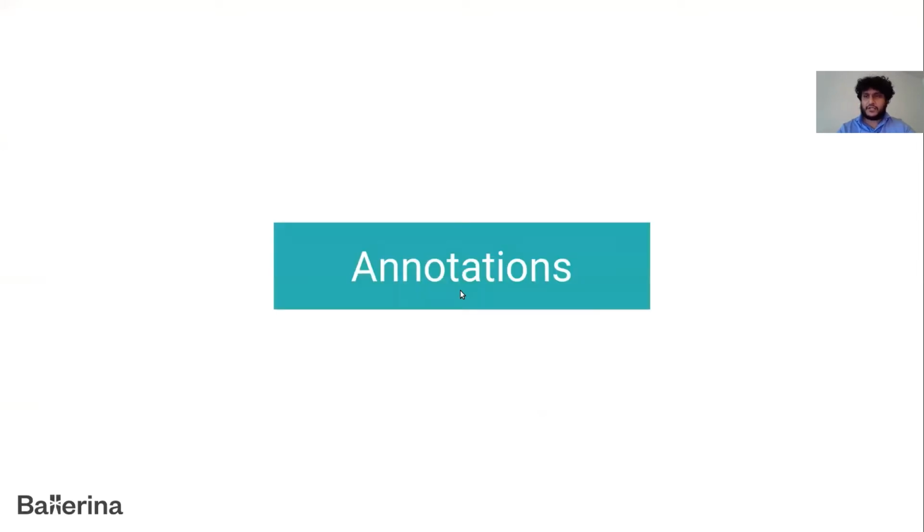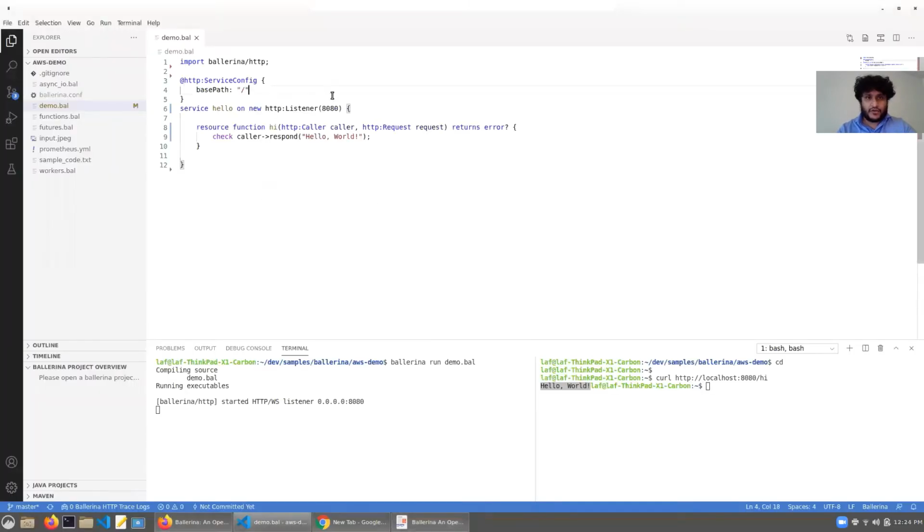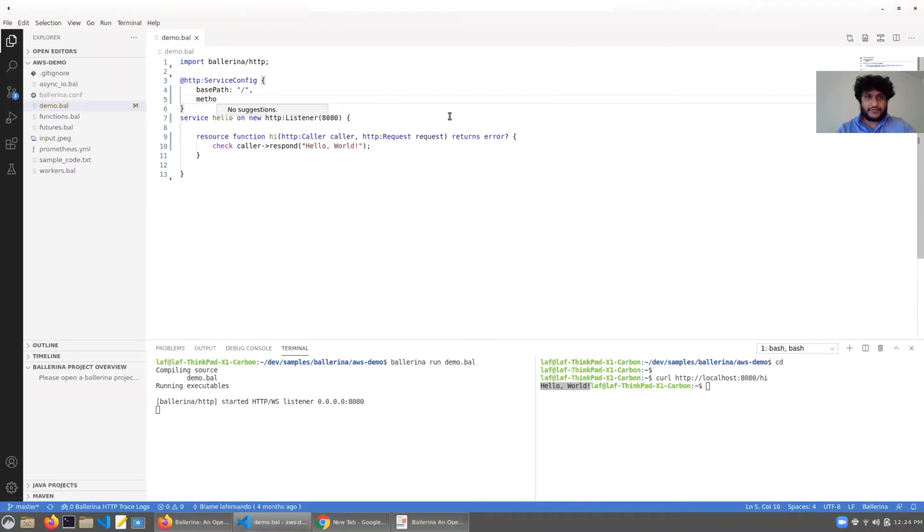Then we can modify its behavior as well. We already saw the use of annotation earlier when we gave it the base path. We can do other things, like we can restrict it only for post requests.